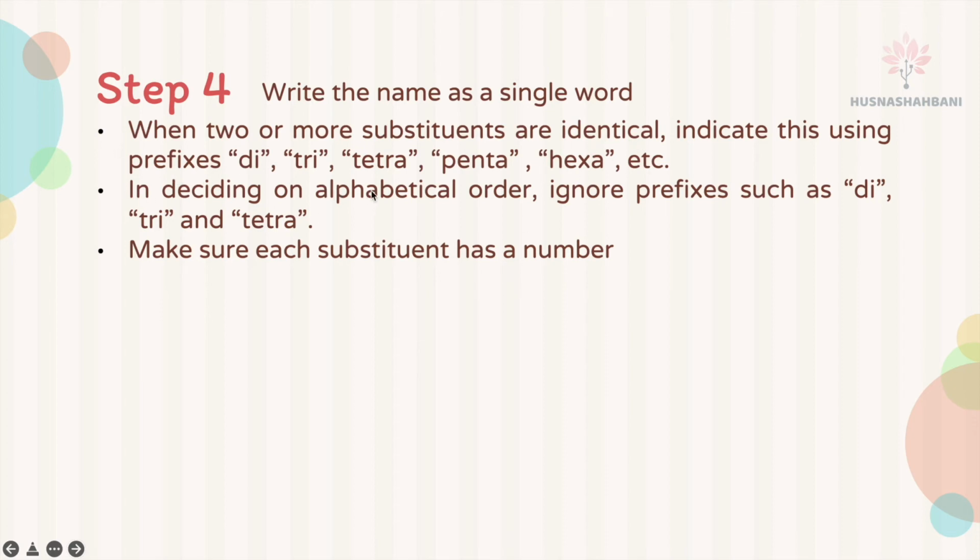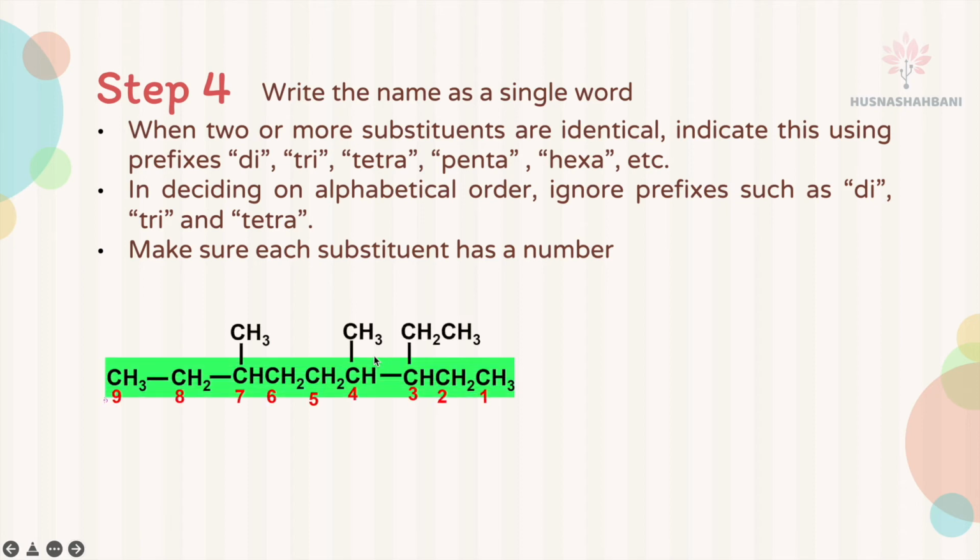In deciding on alphabetical order, ignore di, tri, tetra, penta. So don't consider this D in arranging the alphabetical order. Just ignore D, T. Take the first letter of the substituent name, not how many substituents. Make sure each substituent has a number.